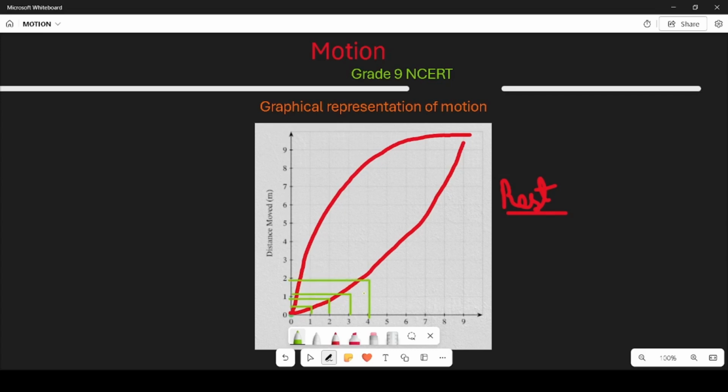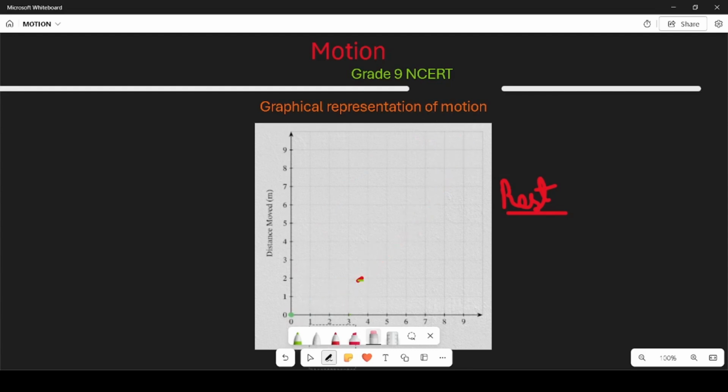So the motion is completely varying. So that's how you can represent non-uniform motion on a graph.